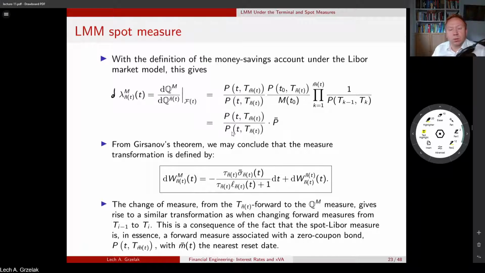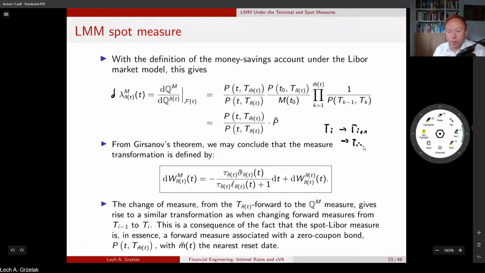The details for those, because there are a few steps that you have to do to really see them, are defined well in the book. But overall, if you put things together, you will see that the measure transformation looks very much like what we have seen if we would like to change from measure Ti to measure Ti plus 1 or Ti to Ti minus 1.